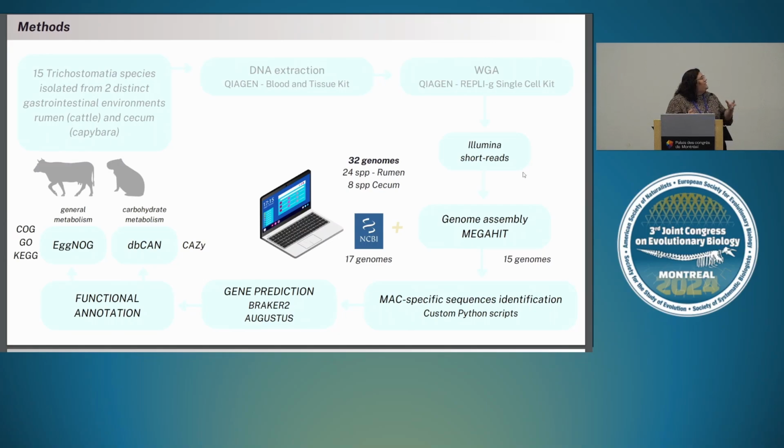The functional annotation was performed in two ways: in a general way using the software eggNOG, and specifically for the carbohydrate metabolism of the ciliates using the software dbCAN, which identifies the carbohydrate-active enzymes present in the genomes analyzed.